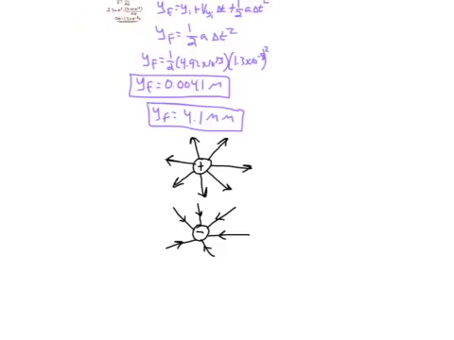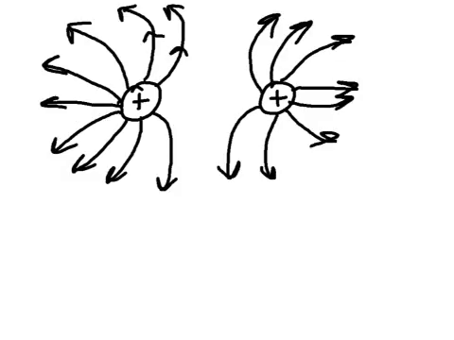So what happens if we have, say, two charges, both positive, like this? Well, they're going to affect one another, and the electric field between them is going to look something like this. They're going to be repelling one another. So this is how the electric field around two positive charges would look.